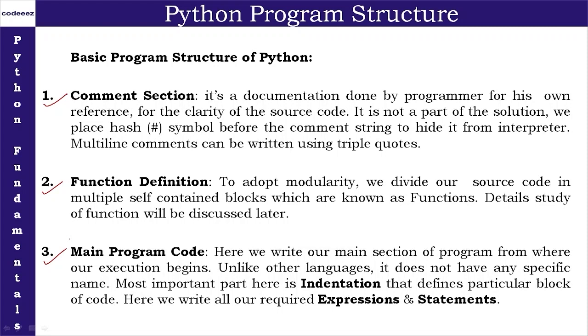To do so, we simply place a hash symbol just before the line of statement that we are writing as documentation. We can add a comment to any line of code, mostly done for complex logic, to make the program more readable and for better understanding by other programmers also, as mostly we work in groups.